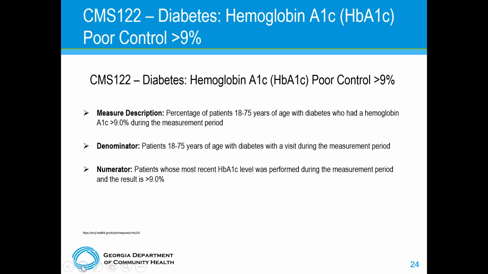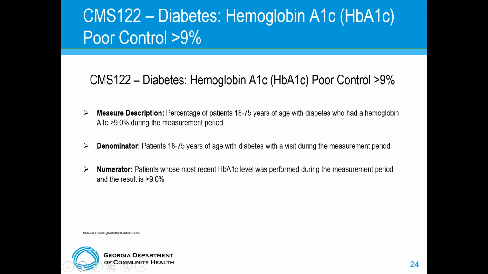So the first measure that we want to discuss is CMS 122, diabetes hemoglobin A1C in poor control greater than 9%. The measure description is the percentage of patients 18 to 75 years of age with diabetes who had a hemoglobin A1C greater than 9% during the measurement period.